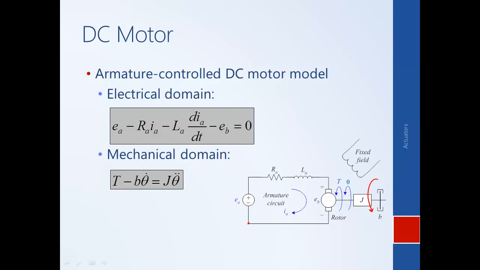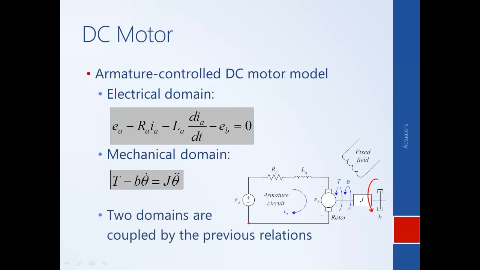And in this case, we're modeling the friction as viscous friction, where the friction is proportional to the speed of the motor, or the speed at which the rotor is rotating. So these are the sum of the moments, and it equals J alpha, where angular acceleration is theta double dot, and J is the rotational inertia of the rotor.